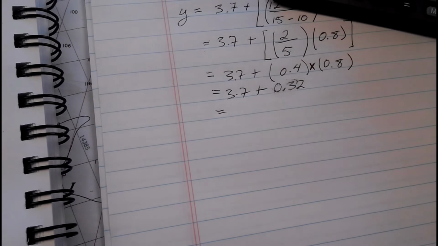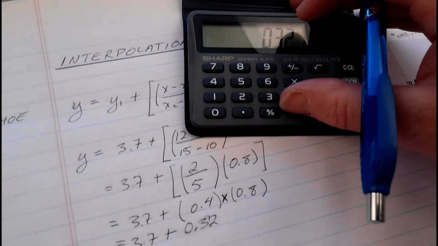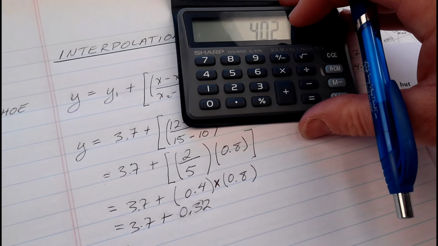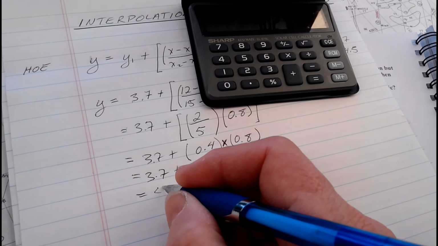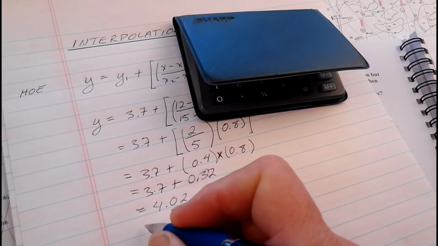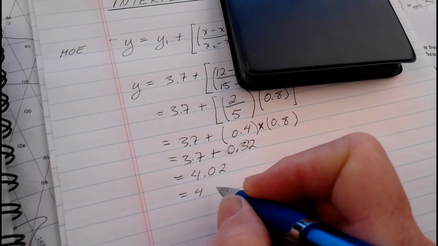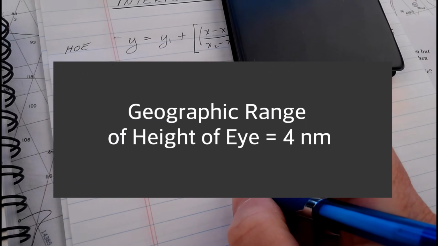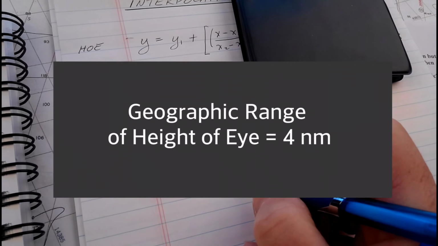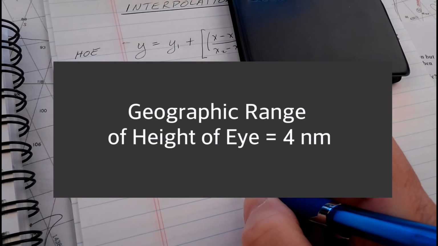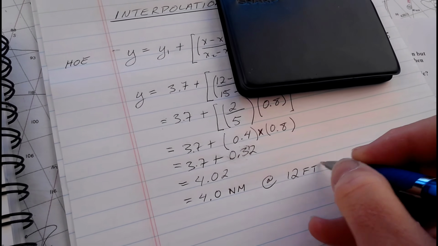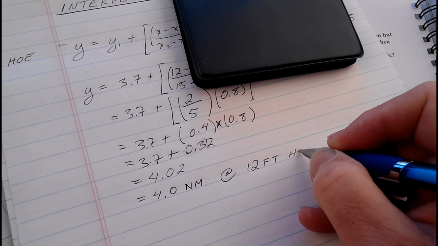And then 0.32 plus our 3.7 is 4.02. Or just round it, 4.0 nautical miles at our 12-foot height of eye.